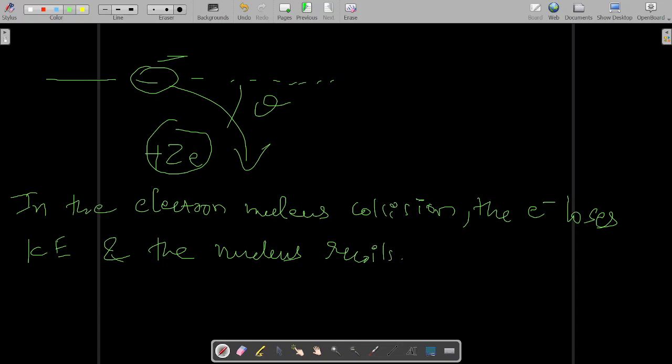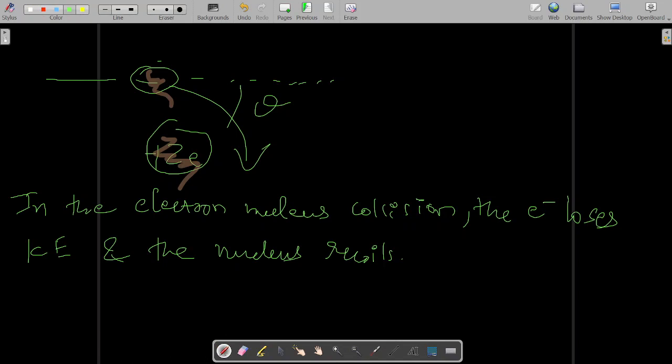So in an electron nucleus collision, like the one I showed here, this is your nucleus and this is your electron. Collision is taking place.